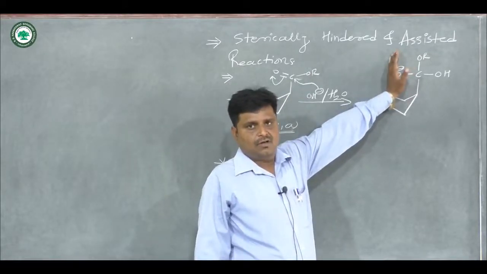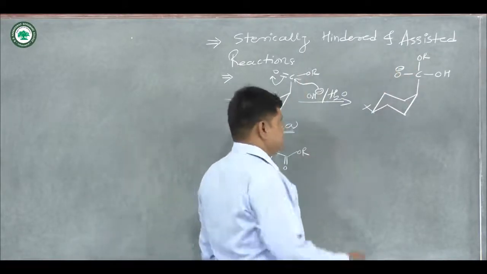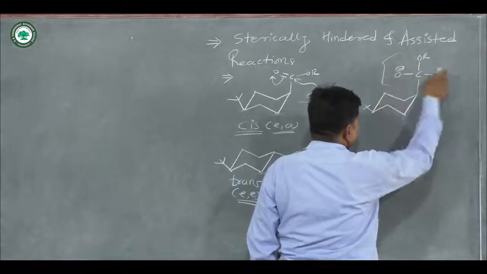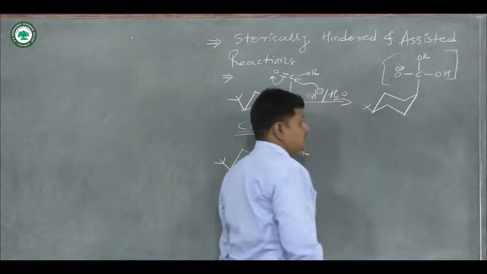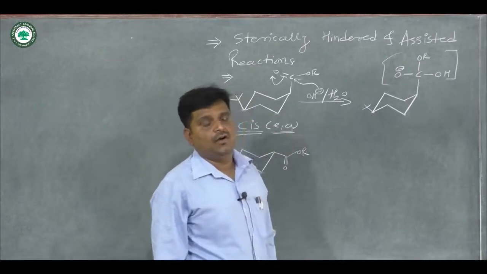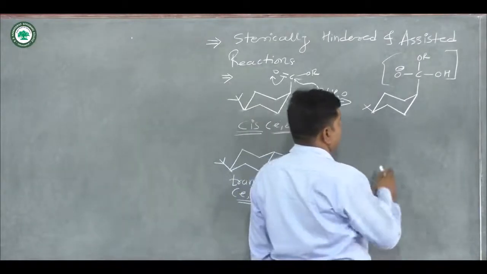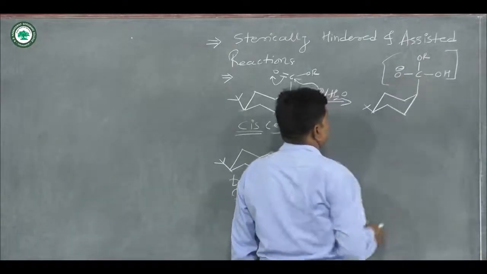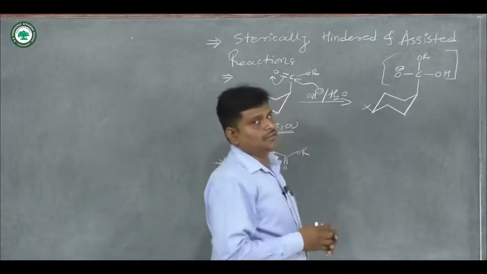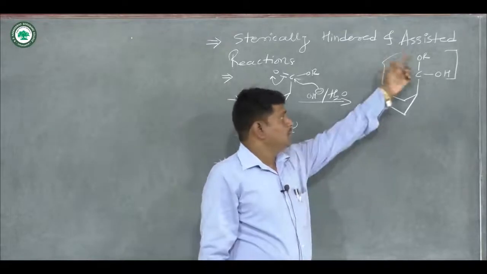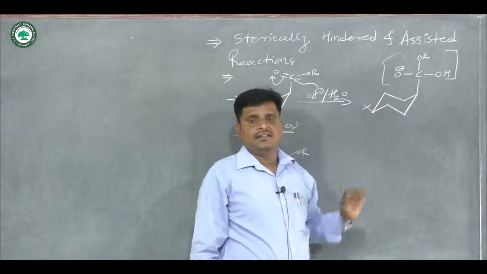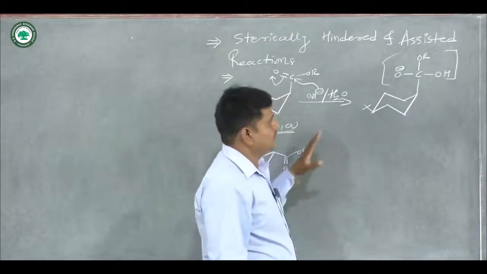At that time the bulk is accommodated at the axial position, and the axial position is a highly unstable state. So the intermediate is not present in this state for a long time.